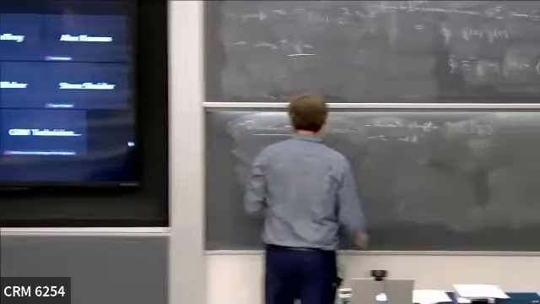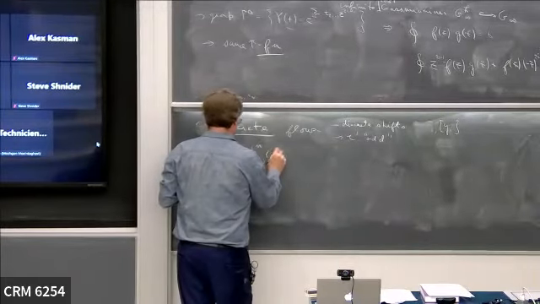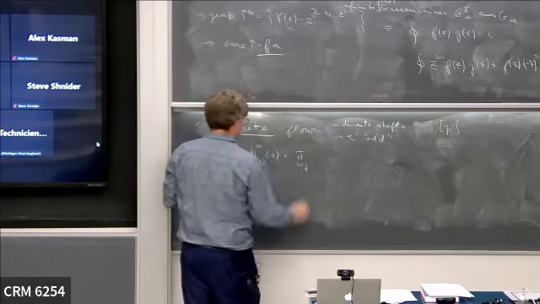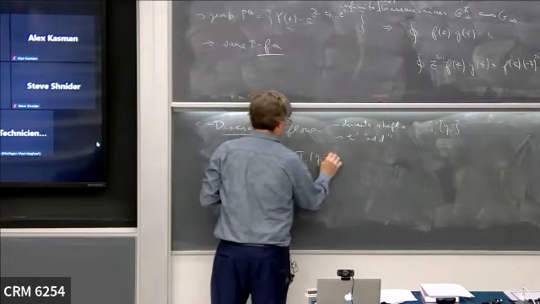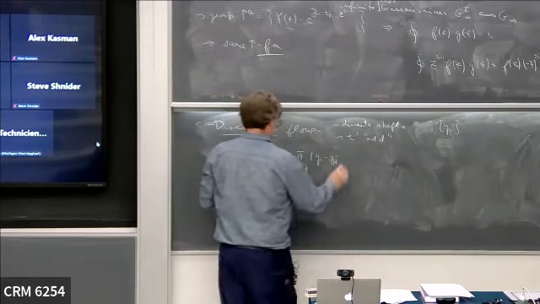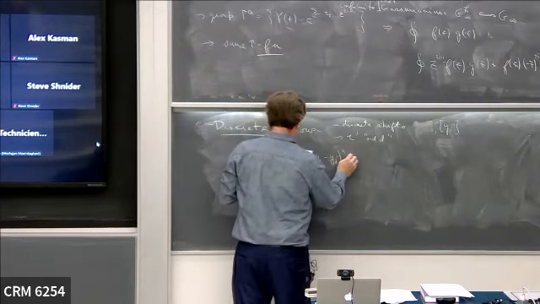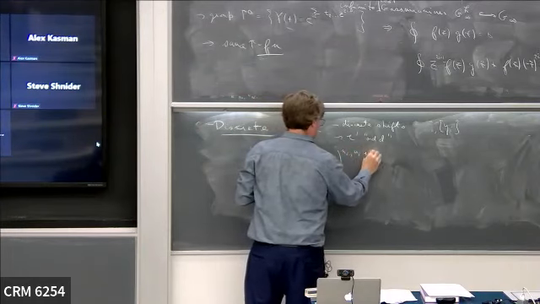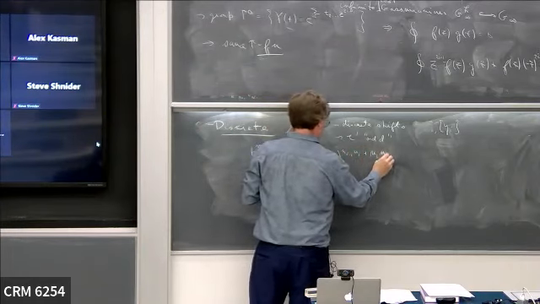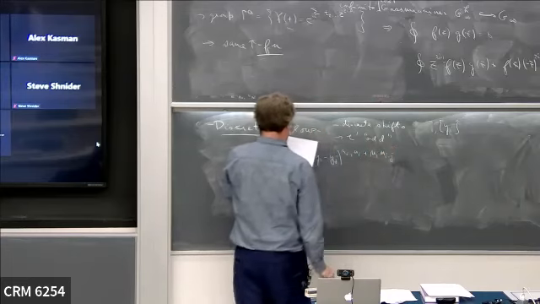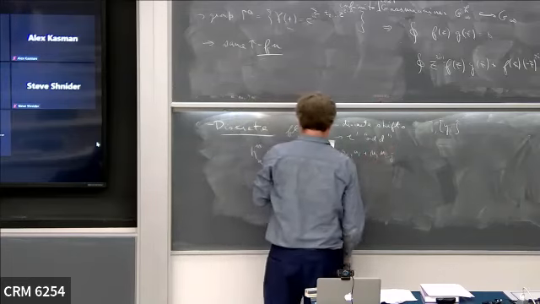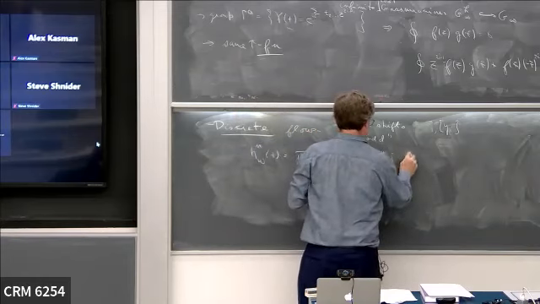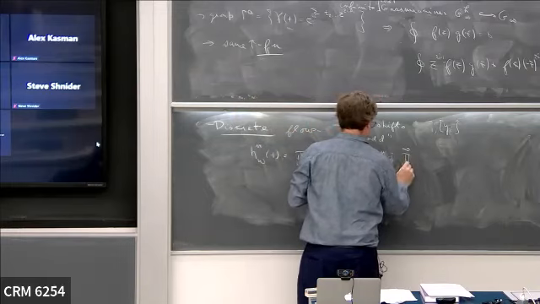I define sort of shifted functions like this, yi minus yj, product to infinity, i, j equals 1.